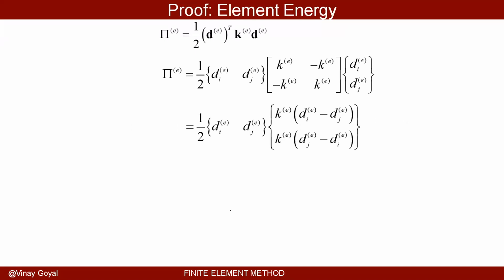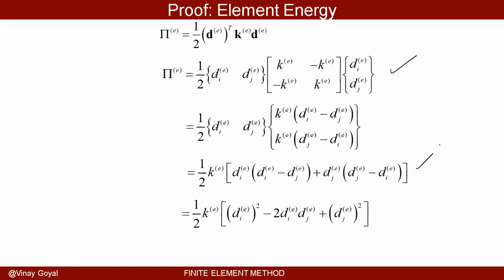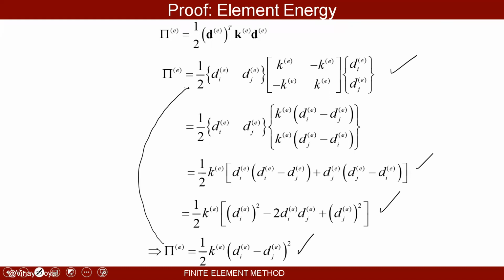And it turns out that I can expand this, and I'll get this, and I'll get this, which is the same thing as this. So what I'm trying to say is this energy can always be written in this manner. And to get from here to here, the proof is very simple. Multiply the first row times this column, and you can see that here.